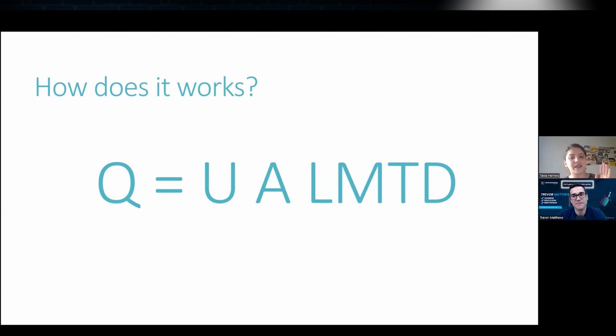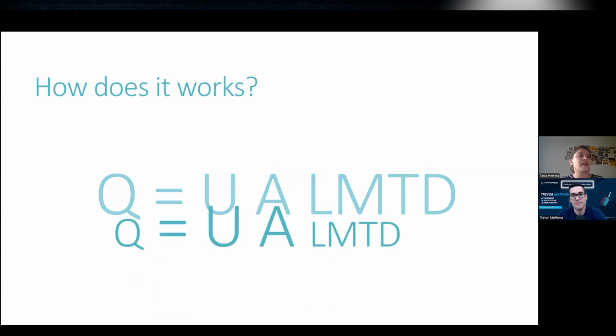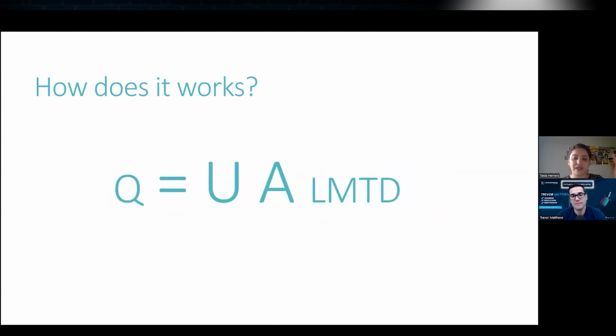And here we can see that it's a proportional or direct relation, which means that if I make one smaller, the capacity will decrease, and if I make one of them bigger, the capacity will increase. But in real life, sometimes one of them decreases.